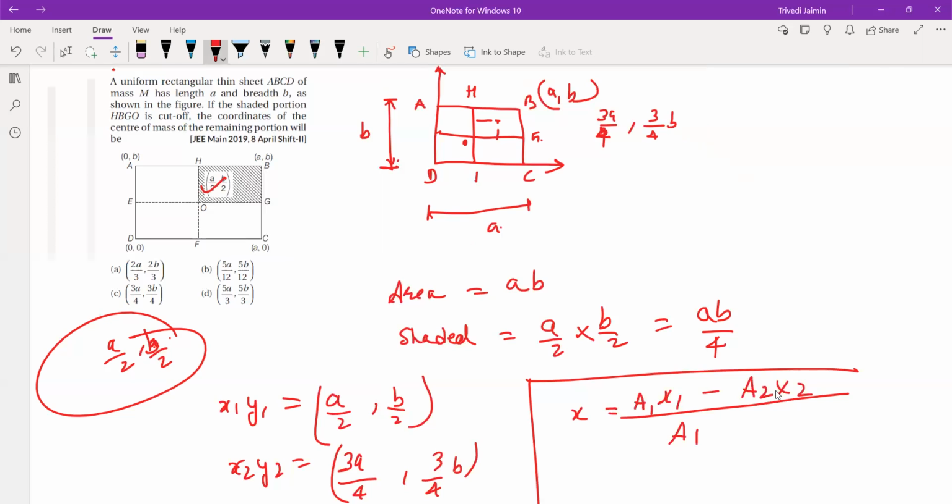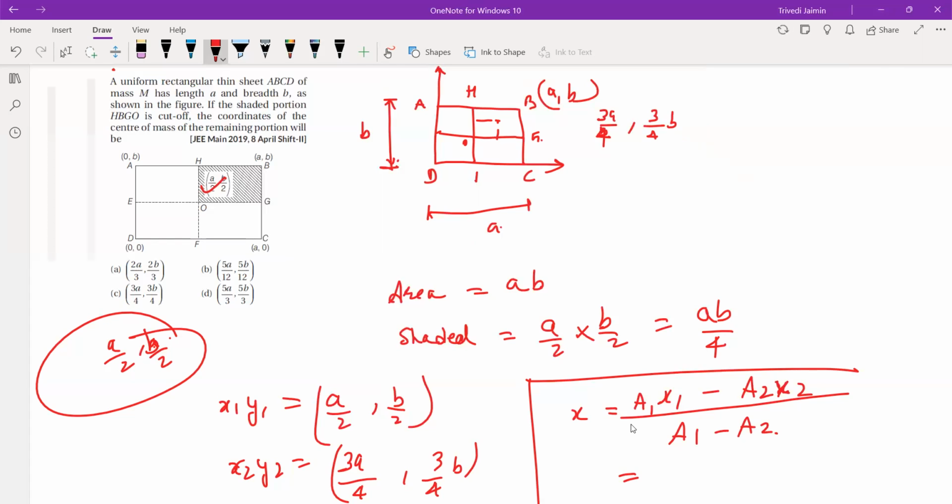B only, right? Yes, sir. I calculated wrong. Okay. Actually, this is a very long method. We can do it in a shortcut also, but let's solve this one first. Then we'll see how to do it in shortcut.